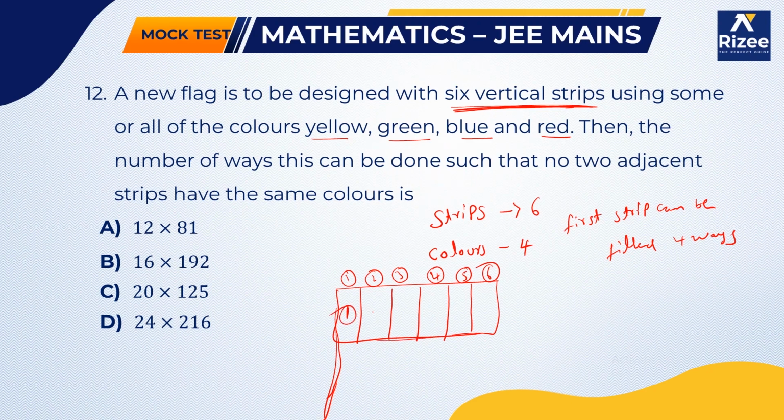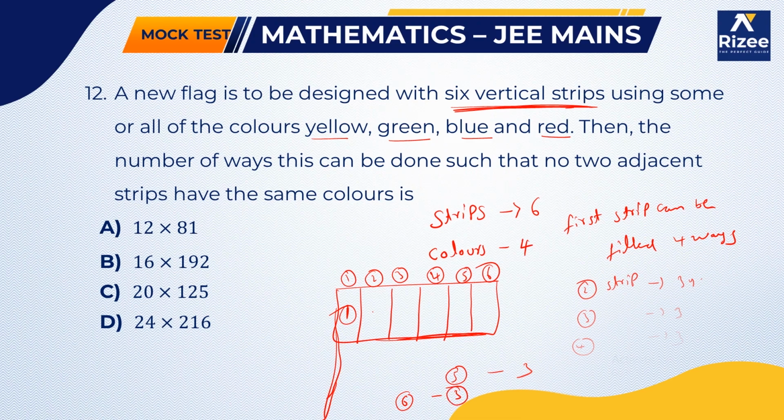Next, the second strip: how many colors remain? 3 colors. The second strip can be filled in 3 ways. Third strip, 3 ways. Fourth strip, 3 ways. Fifth strip, 3 ways. Sixth strip, 3 ways.